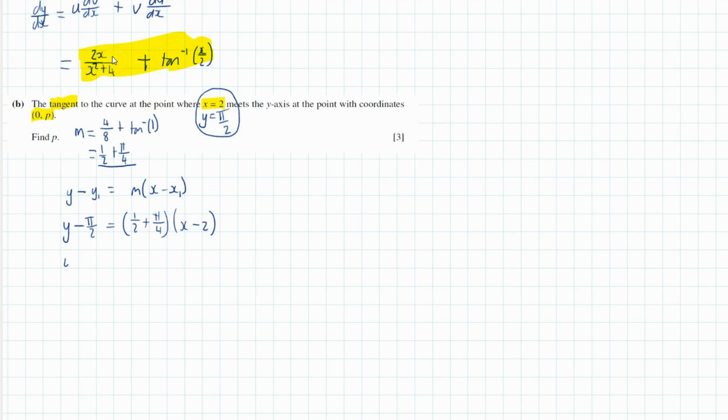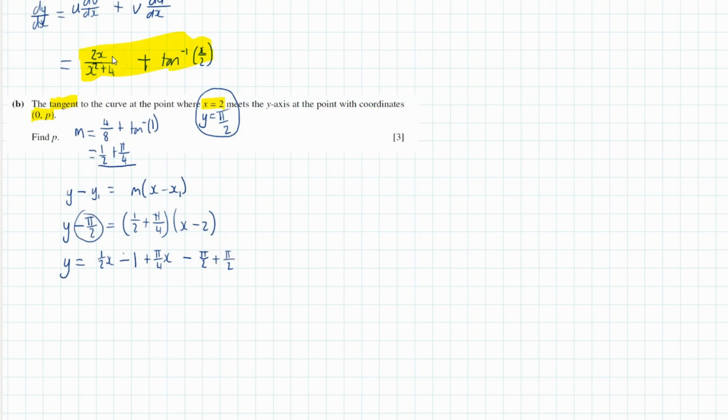Now when we simplify this, I'll have 1/2 x minus 1, so I'm using FOIL on these brackets, plus pi over 4 x minus pi over 2, and then I'll bring this fellow over so that'll be plus pi over 2.